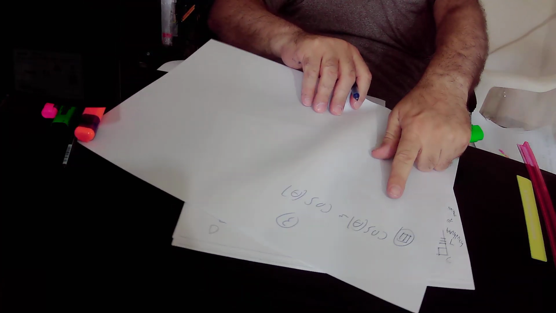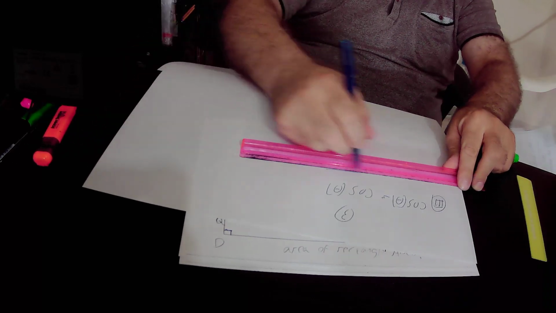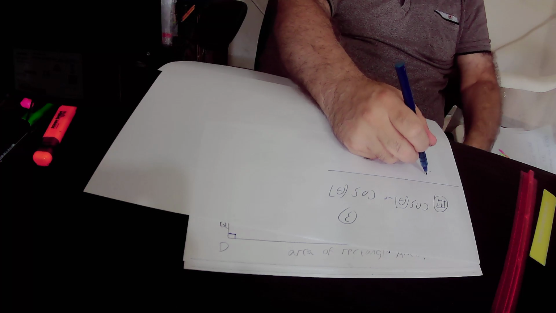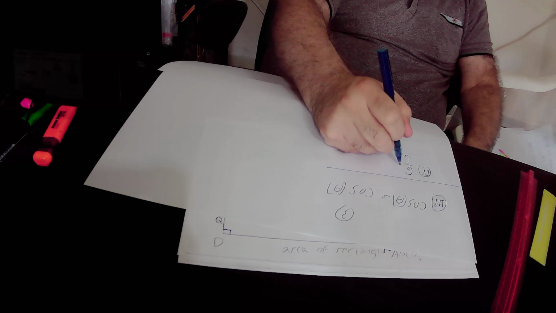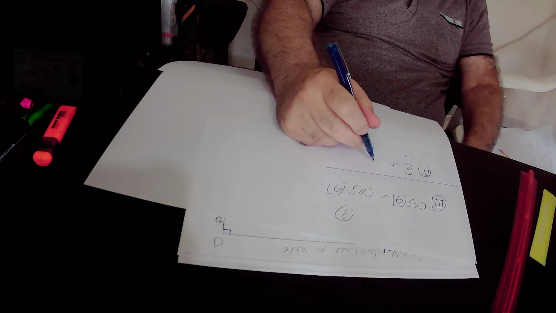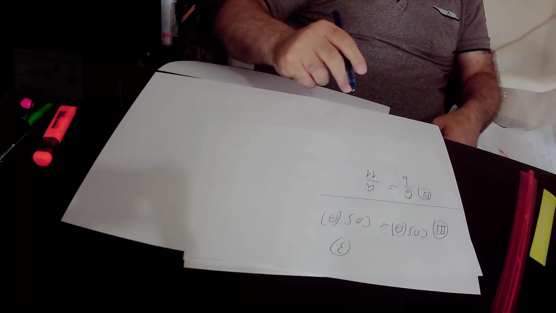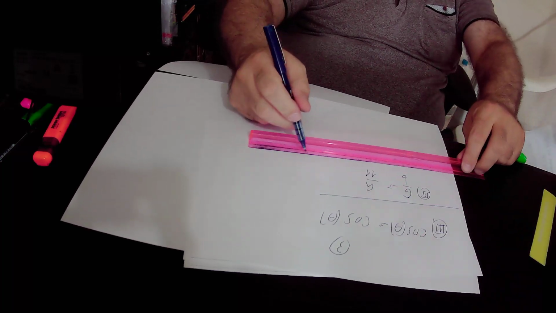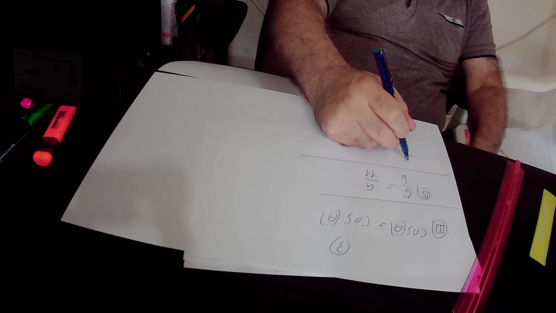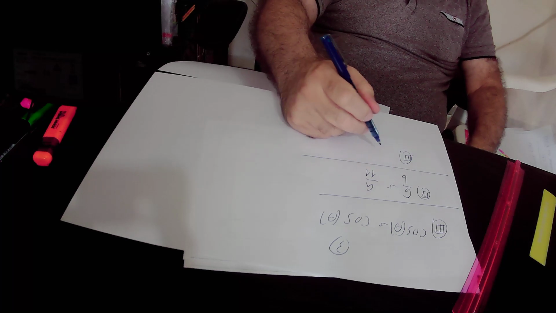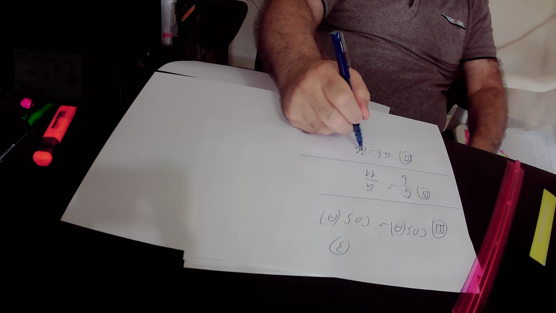Cosine theta according to equation number 1 is 6 over B, and it must be equal to A over 11. So according to equation number 3, 6 over B equals A over 11. Here we cross multiply this equation number 3, and we get that AB equals 11 times 6 is 66.